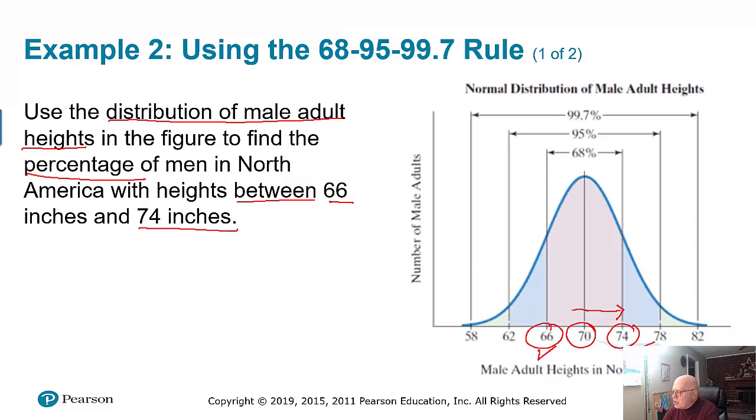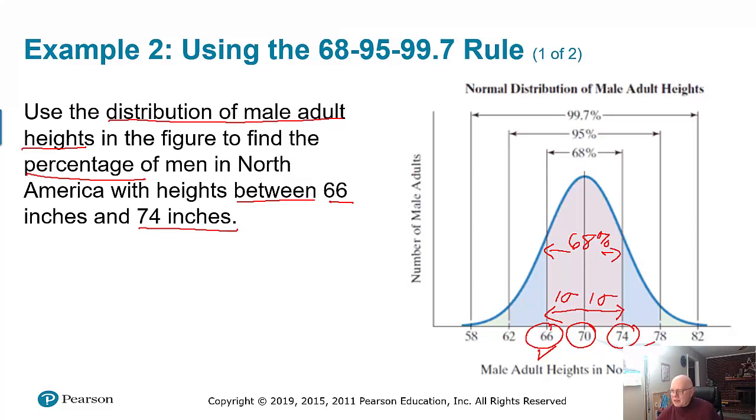Now, what percentage is between those two? Well, those are each 1 standard deviation away, to the right and to the left. And by our 68, 95, 99.7 rule, from here to here should be 68% of the data, or in this case, 68% of the men are between those 2 values, the lower bound and the higher bound.